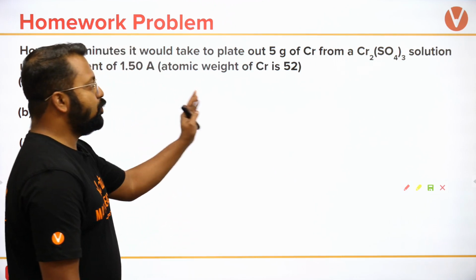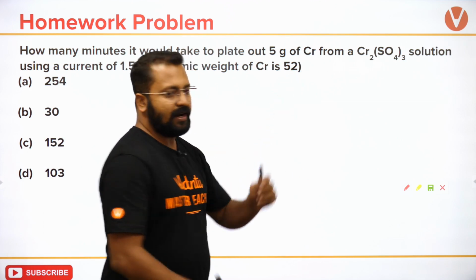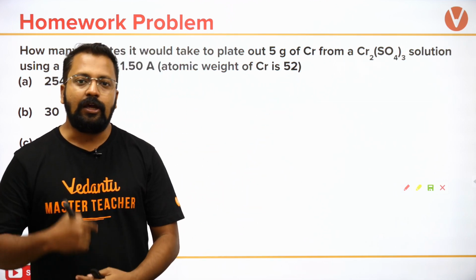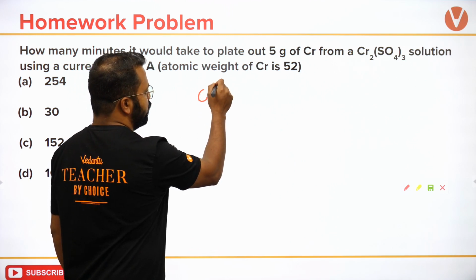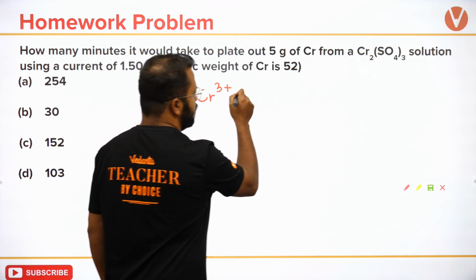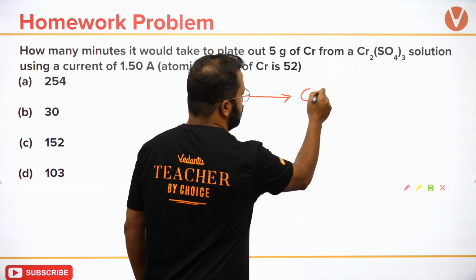If I'm trying to plate out chromium, that means chromium is getting reduced. So our solution, which contains Cr3+, is getting converted into chromium.